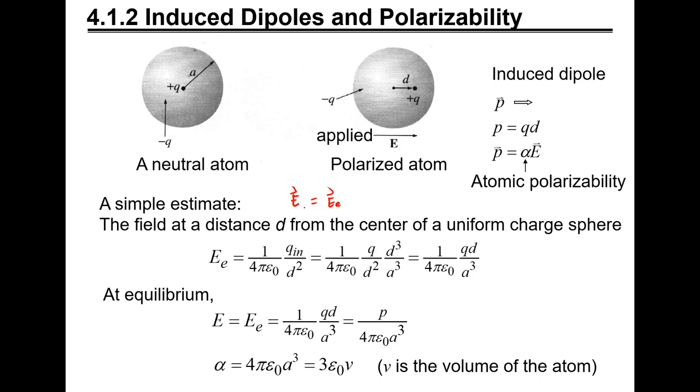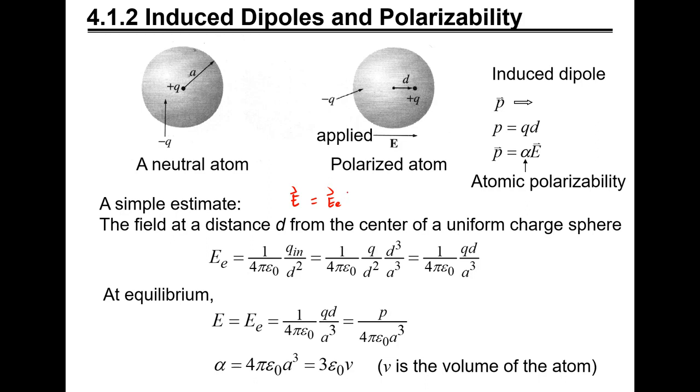So E is equal to E sub e, where E sub e is the field produced by the electron cloud. So again, there are two fields here. One is the applied electric field, which we can call the external field, equal to E.